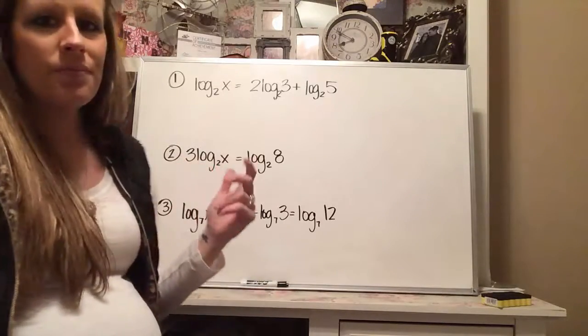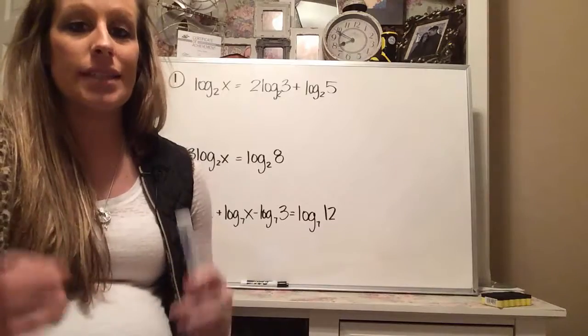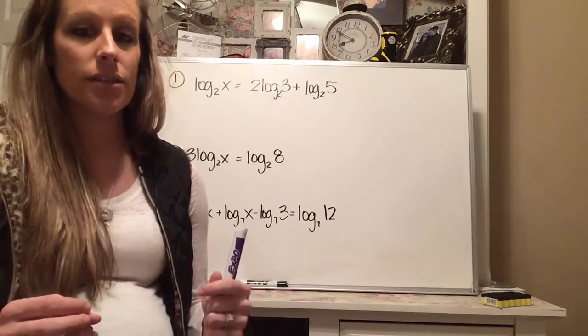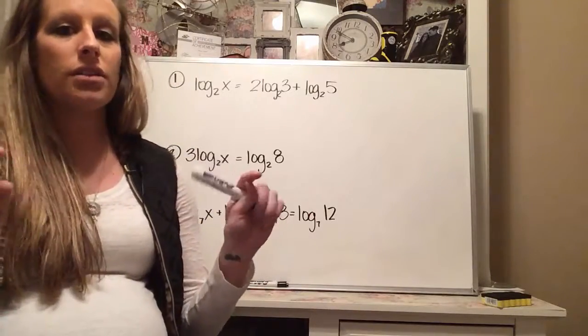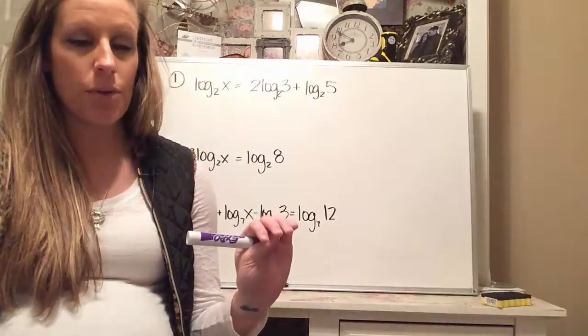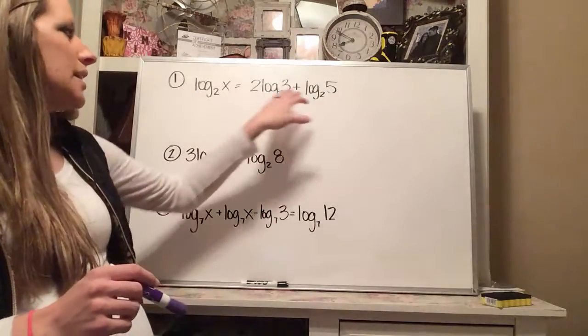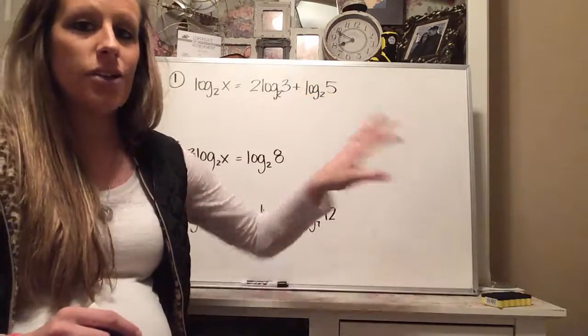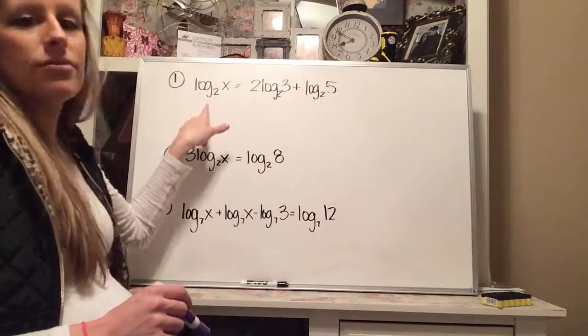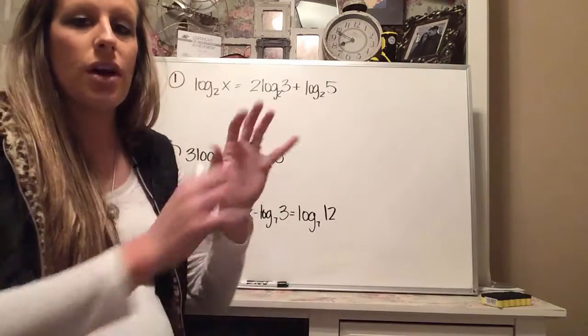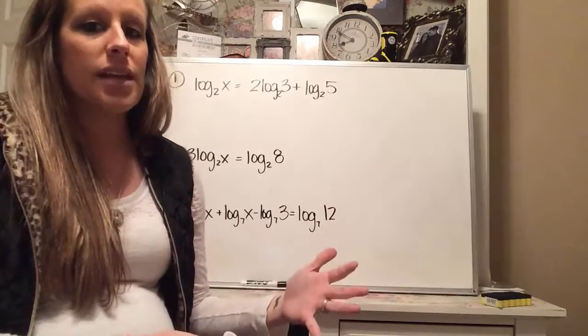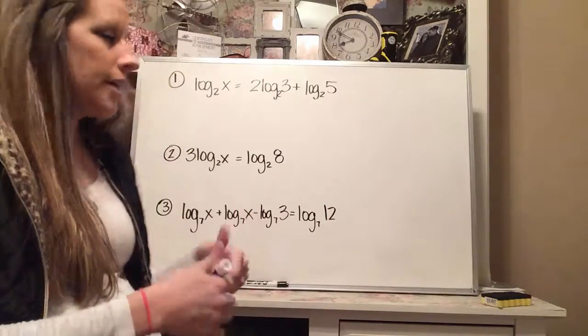So number 1, what you want to do is condense both sides. Like I was saying before, you want the logs to be the same on both sides. So we need to condense that right side. So hopefully you will have just a log base 2 of something on the right side, just like the left side.